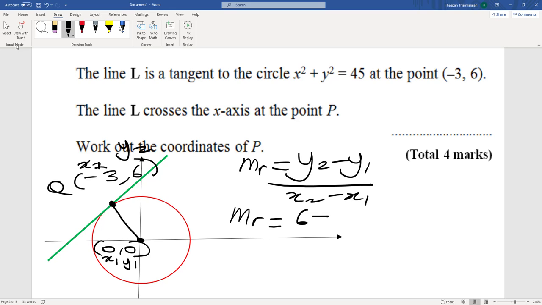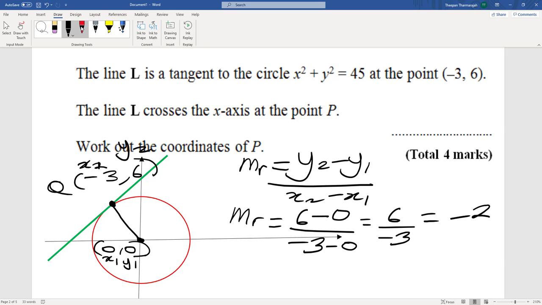So we get 6 minus 0 over minus 3 minus 0. And that will give me 6 divided by minus 3, which is minus 2.